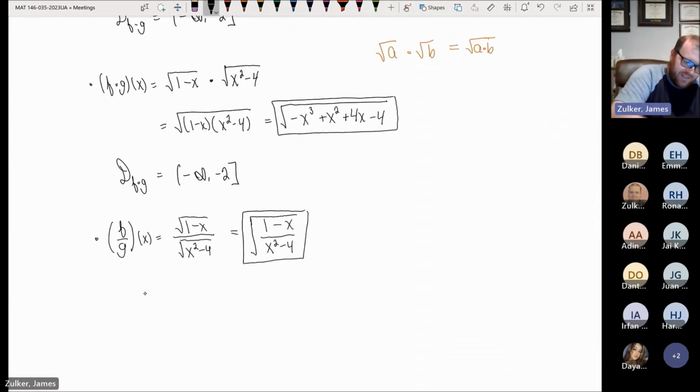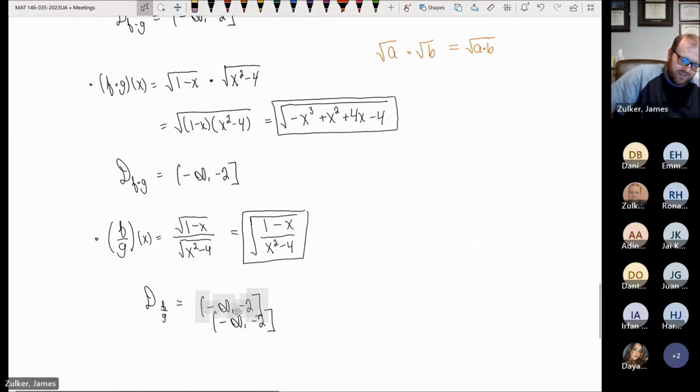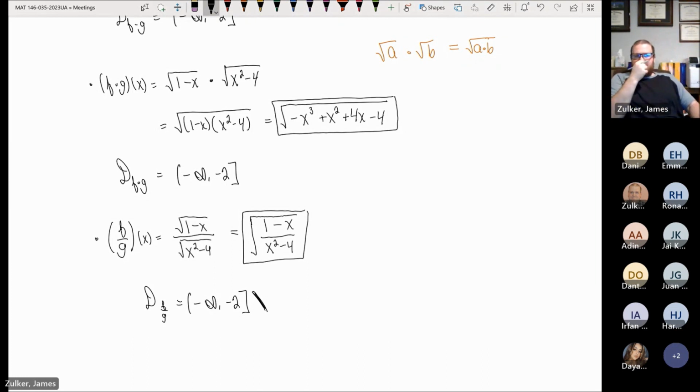Right, now we need the domain of f over g. Well, we know that that's going to be the intersection of the domains minus whenever g of x is equal to 0.